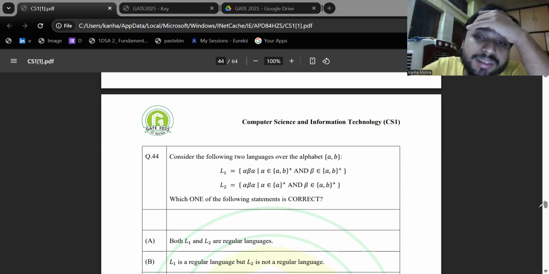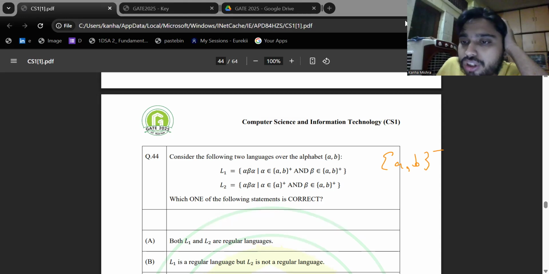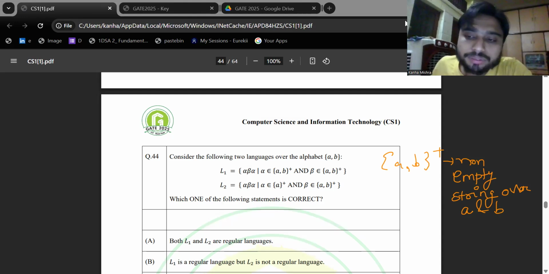Let's understand the alphabet notations basically. The {a, b}+, which I was writing continuously, is basically non-empty strings over a and b. Alpha and beta are strings.